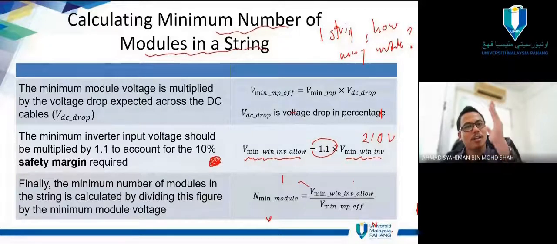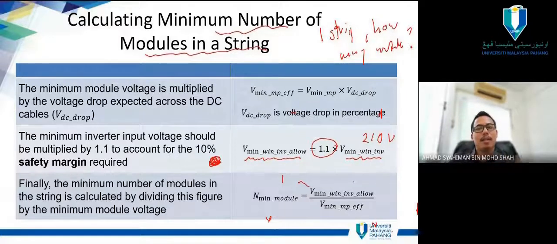You cannot argue, you cannot change. This value is fixed, 1.1. Compulsory to multiply with 1.1 in order to get the allowable minimum window inverter voltage. From 210 multiply with 1.1. This one is for the minimum case.